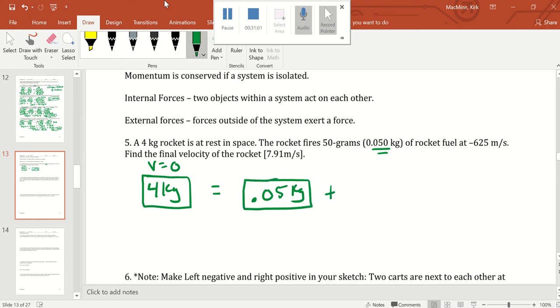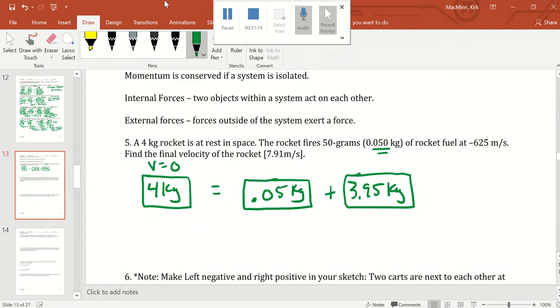And then we're going to have what's left of the rocket, which is 4 minus 0.05, or 3.95 kilograms. Because the fuel is initially part of the rocket.